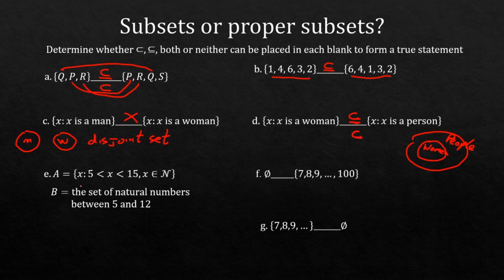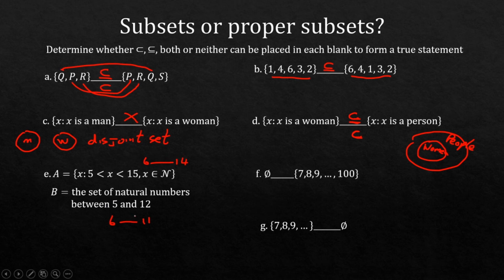In this question E, set A, X such that X is between 5 and 15. So that would be from numbers 6 up to 14. The set of natural numbers between 5 and 12 would be from 6 to 11. Is set A a subset of set B?